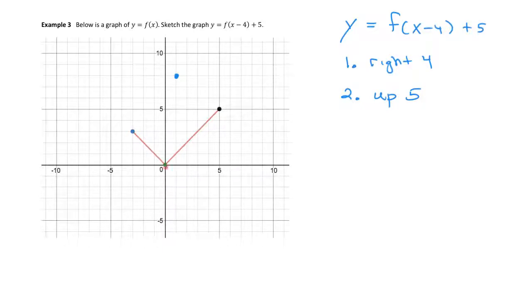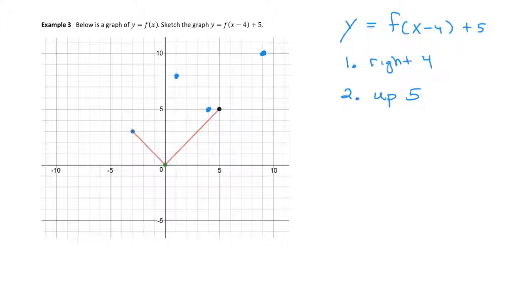This spot right here is going to go right 4 and then up 5 to 4, 5. This last point, it's going to go 4 places to the right and then up 5, and we end at this spot here, 9, 10.